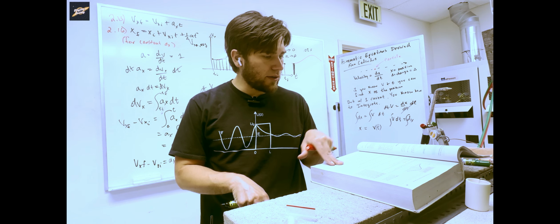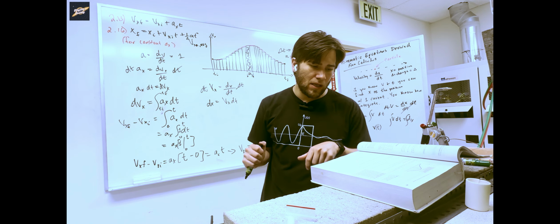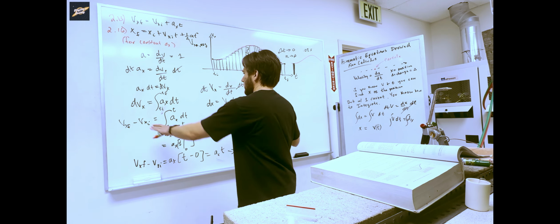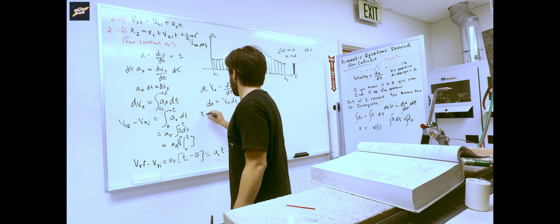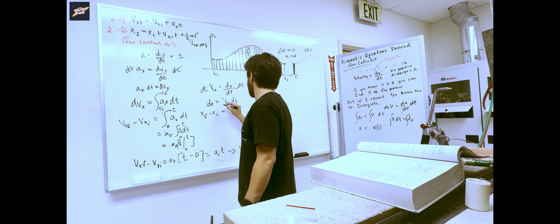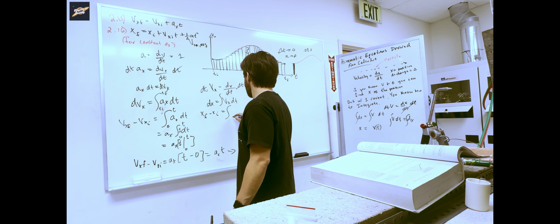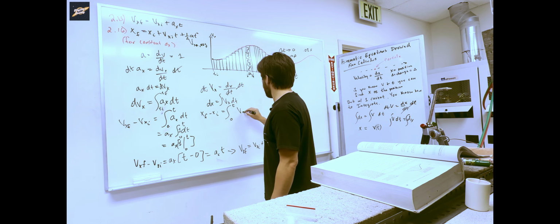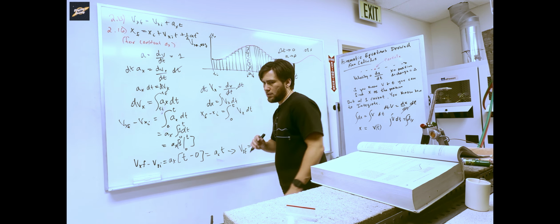Okay, so again we can write this like what we did over here. We can say xf minus xi equals the integral from 0 to t of vx dt.